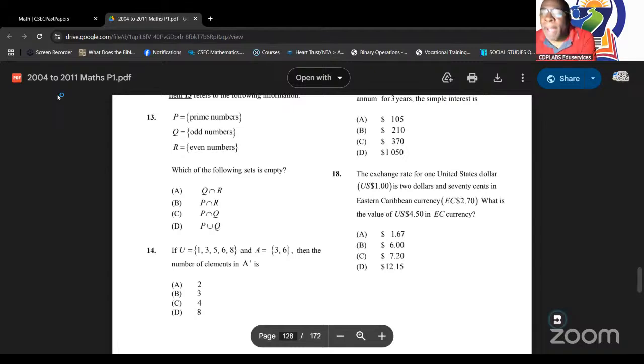So then, if one is 2.70, what is the value of 4.50 US? That's what they're asking you. So we are exchanging from US to EC.